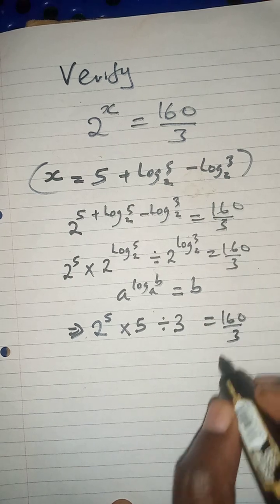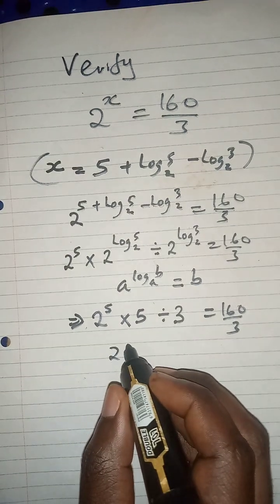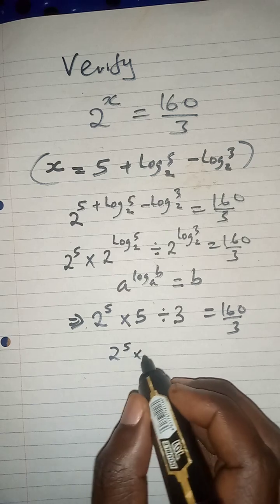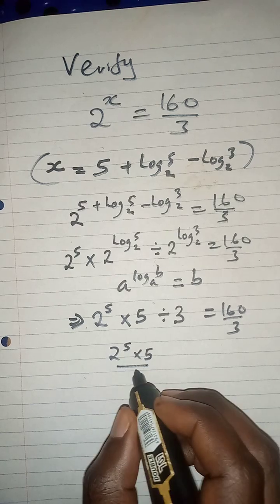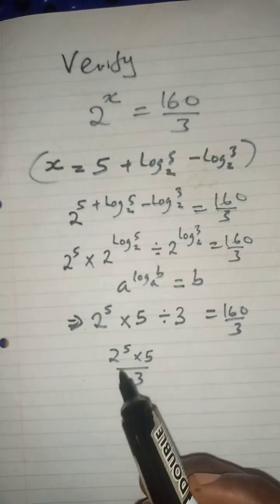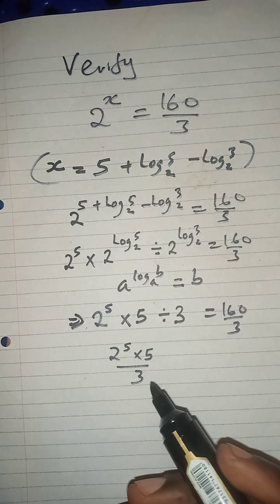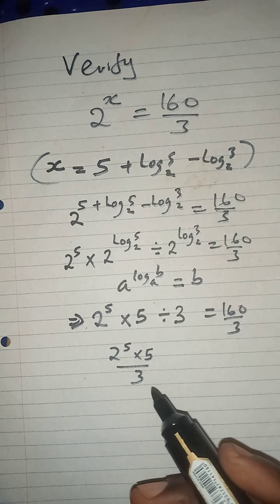160 over 3. So, well, 2 raised to 5 times 5 over 3. Well, 2 raised to 5 is 2 times 2 times 2 times 2 times 2.